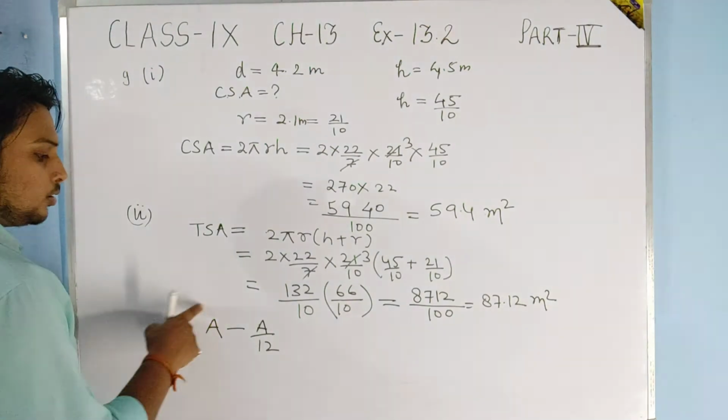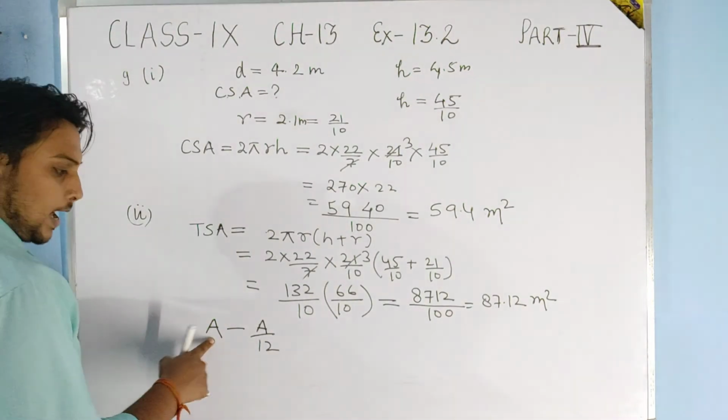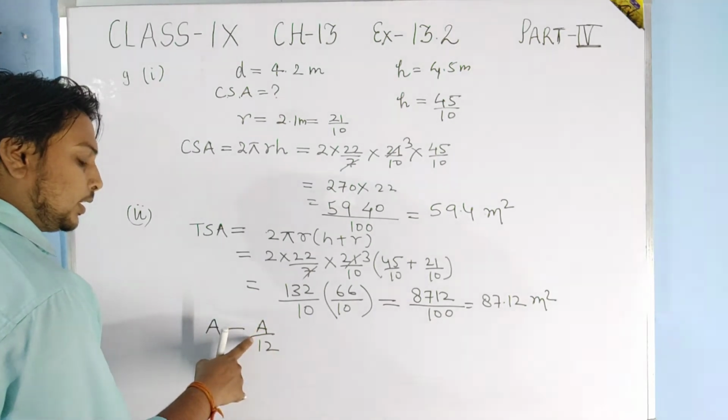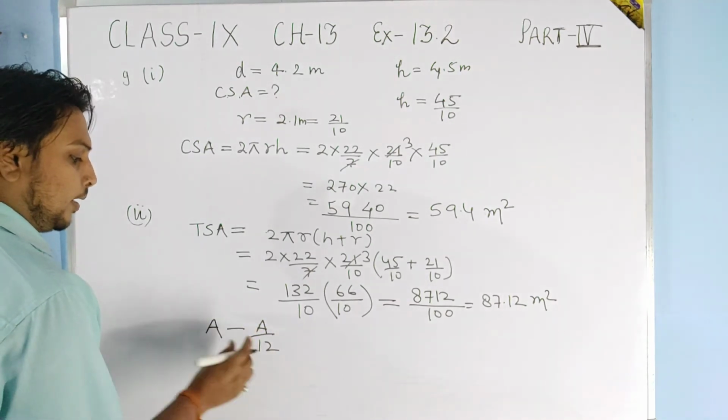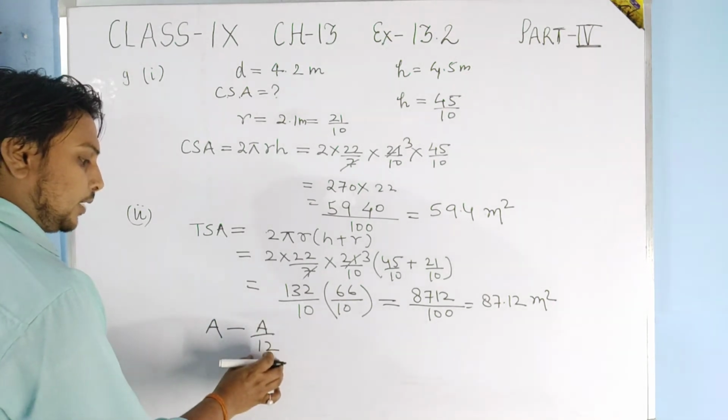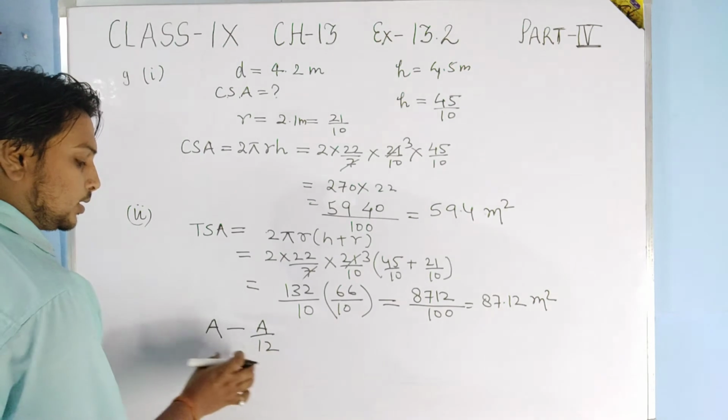A is the total amount of the steel, and A by 12 is the 1 by 12 of the total amount of the steel that is wasted. So A minus A by 12 is the amount of steel used.